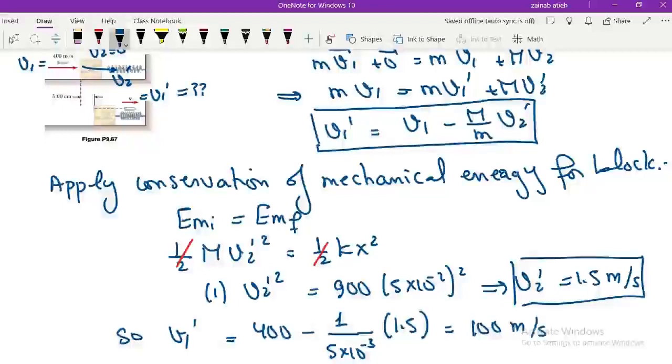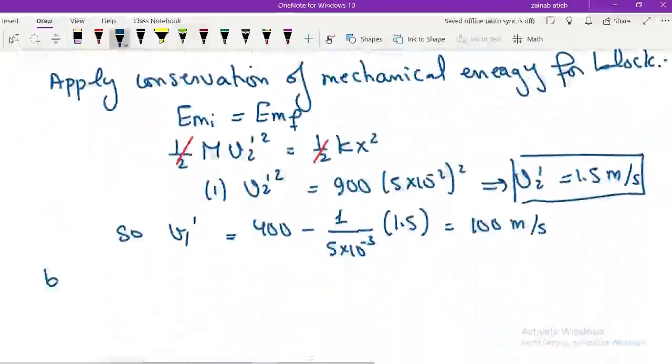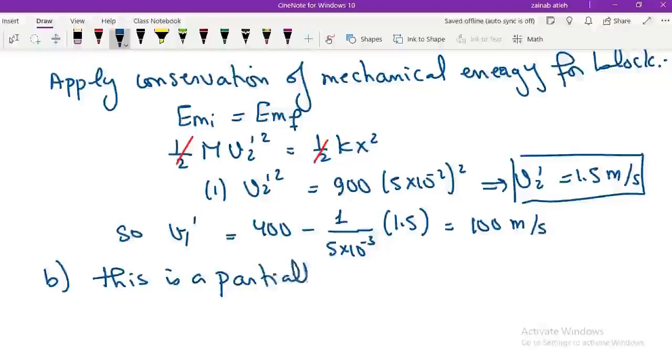So in part B, he asks for the mechanical energy converted to internal energy. You all know that this is a partially inelastic collision. Why?